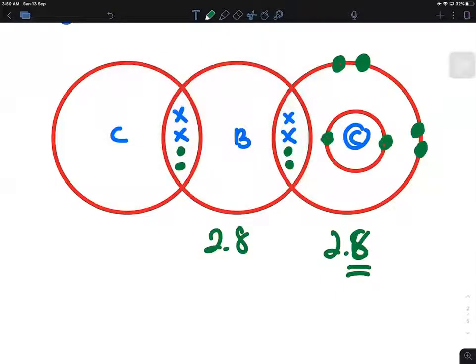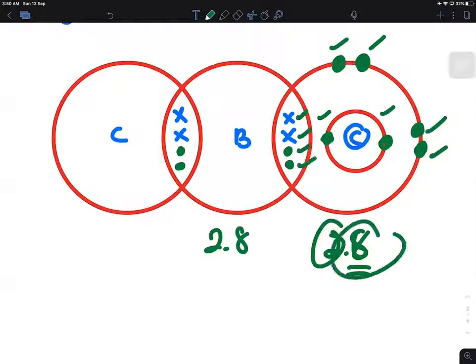So now you can see there is 1, 2, 3, 4, 5, 6. Not 6 again. It's like 1, 2. So 2 done. And then 1, 2, 3, 4, 5, 6, 7, 8. So 2, 8. Done.